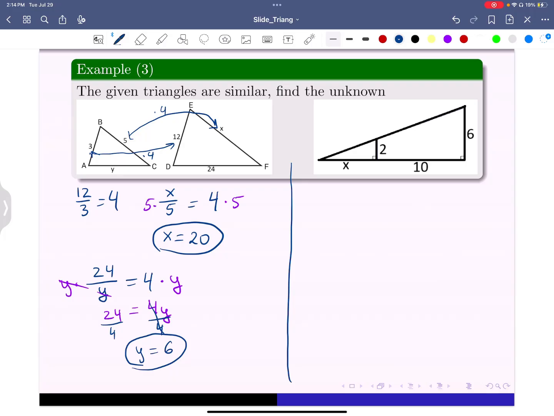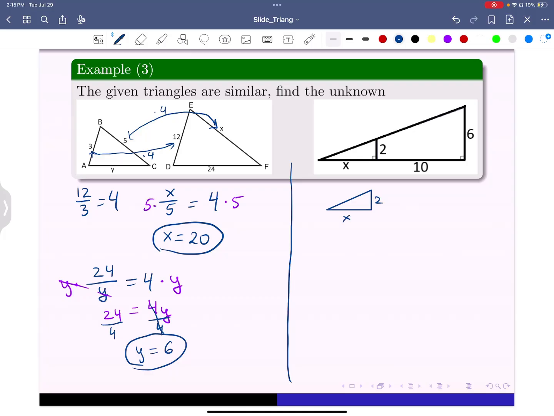Part B, we need to recognize that we have two triangles right here. The small triangle is here, and we have x, and we have 2. So here is x, here is 2.